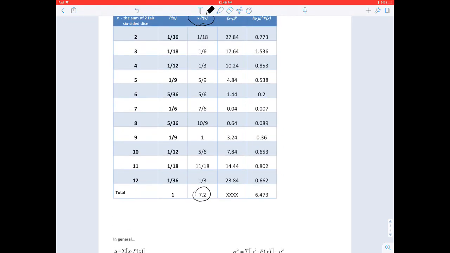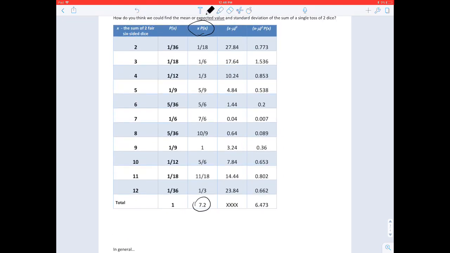So the expected value, or I guess we could think of it as the expected sum, is actually the sum of all of our x's times their probabilities. So this 1/18 is a result of my 2 times my probability of rolling a 2 equals 1/18, okay?